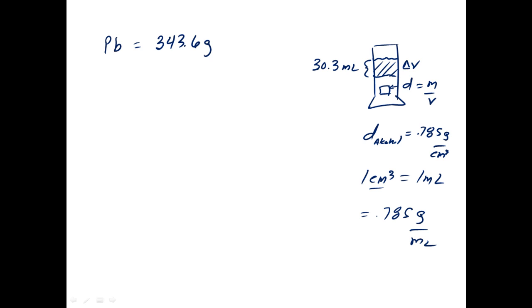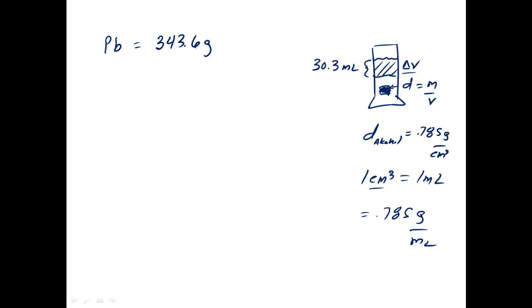All right. So what this change in volume represents is how much of the alcohol was displaced by the volume of the lead shot here. All right. So we can figure out what the volume of the lead shot is. It's 30.3 milliliters. That's how much the volume changed here.